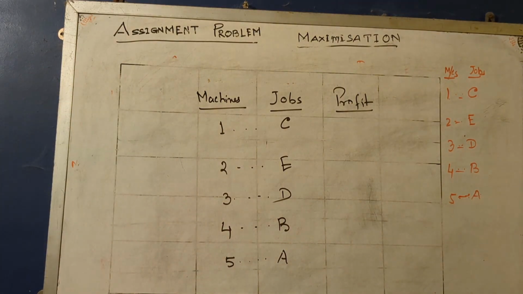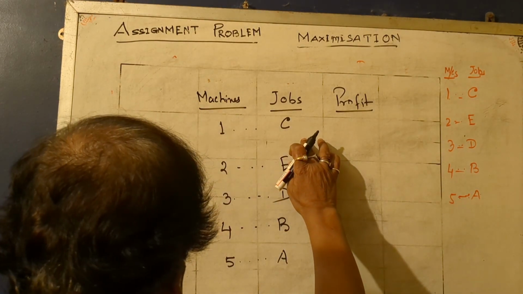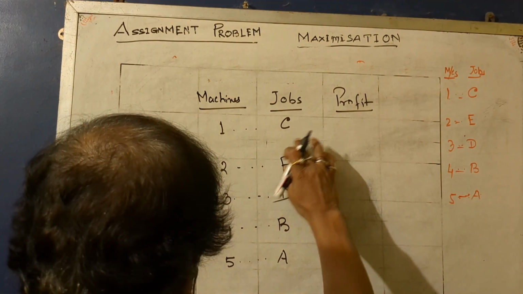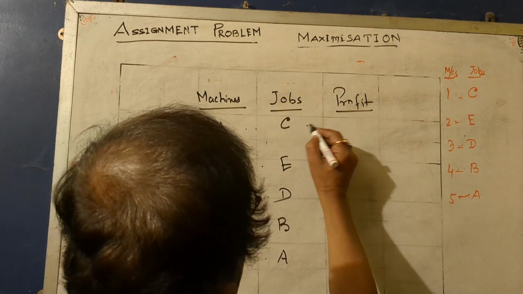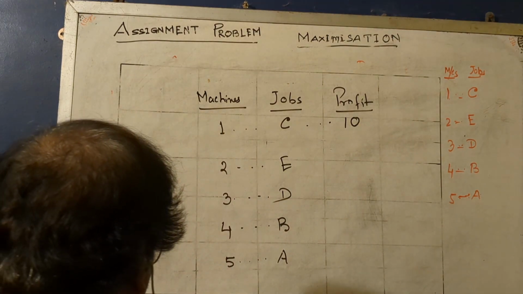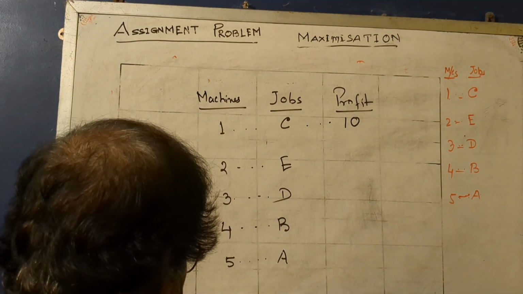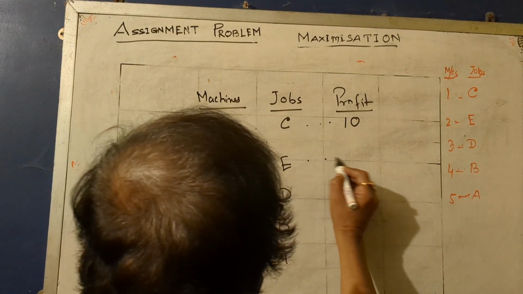And what will be the profit? The profit figure you have to take from the first table, because the profit figure is given in the first table. So if the first machine is allocated with C, then what is the profit? For C, the maximization profit is 10. You can check the first matrix. If machine 2 is allocated with job E, the profit will be 5.